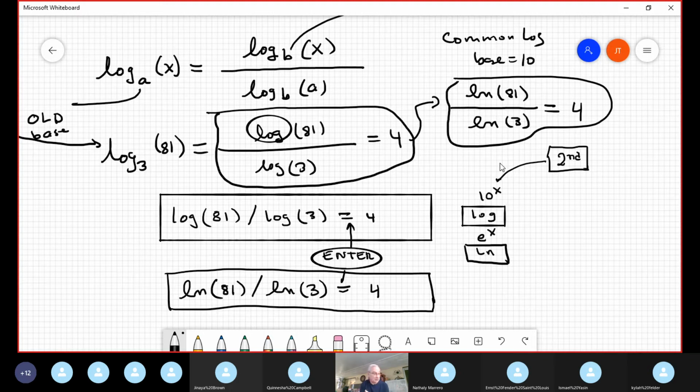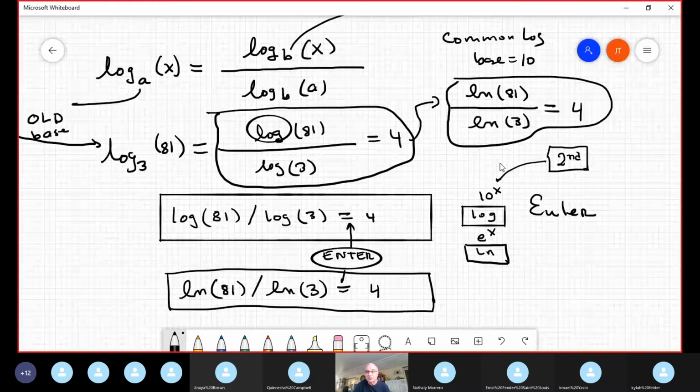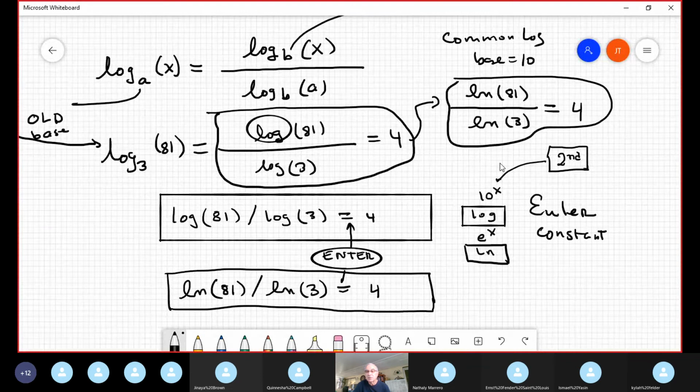The standard is 10 or e, where e is the Euler constant. Euler is a mathematician, the most famous mathematician in history. You find this constant e. Okay. So, do you understand very well the change of base?